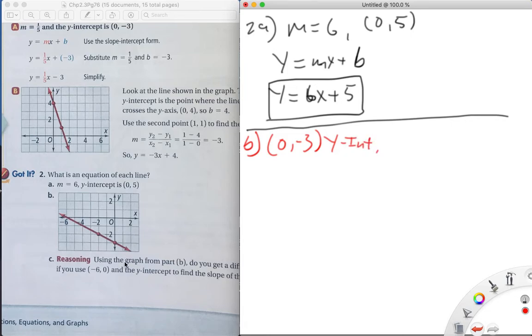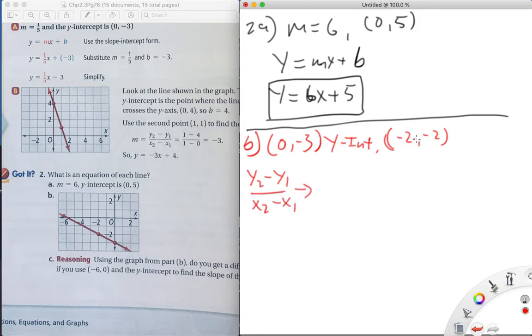We also have another ordered pair at (-2, -2). So we'll do our rise over run, which is y2 minus y1 over x2 minus x1.